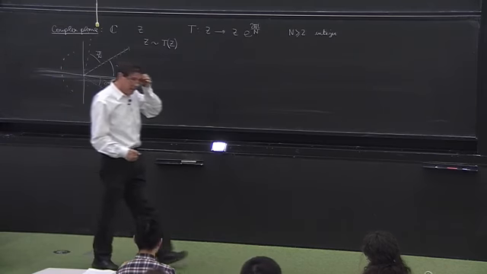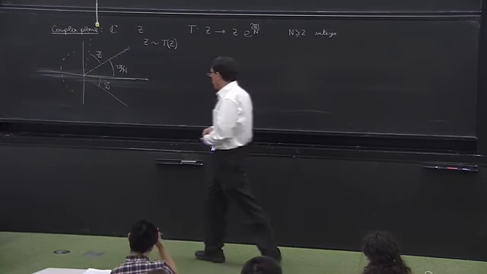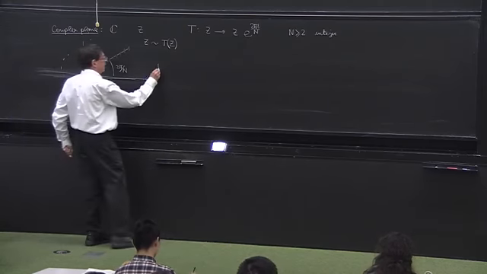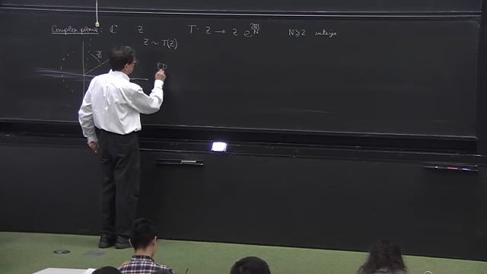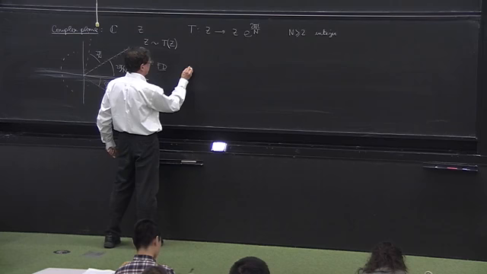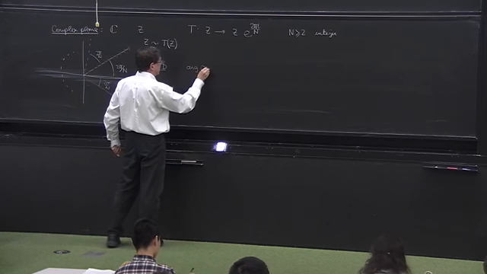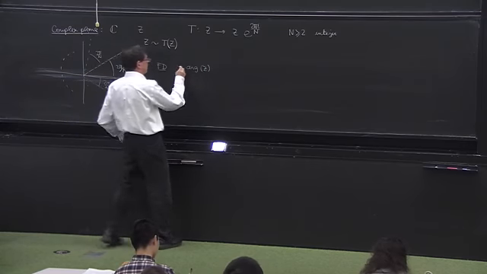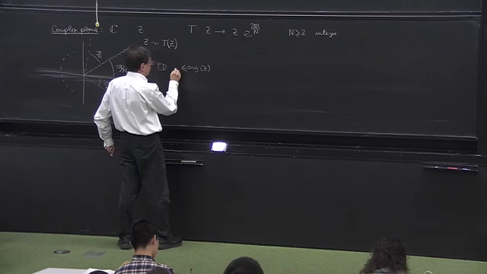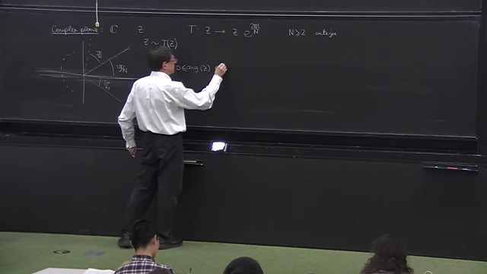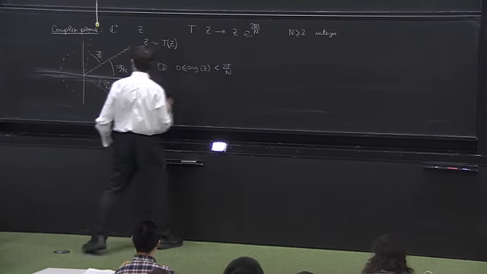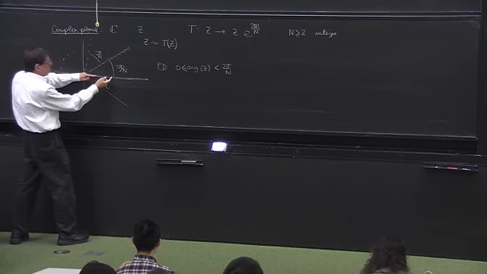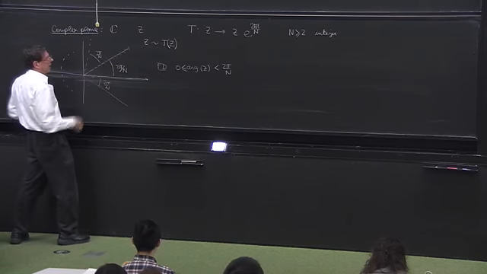So the claim now is that this first one is a fundamental domain. A fundamental domain would be the set of points with argument of z, the angle of the complex number, greater than or equal to 0 and less than 2 pi over n.